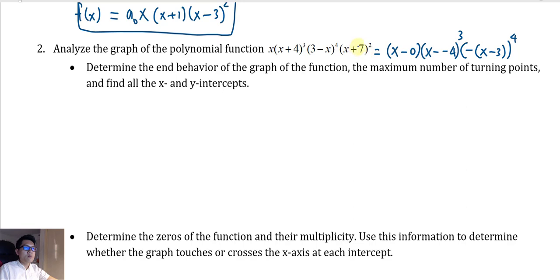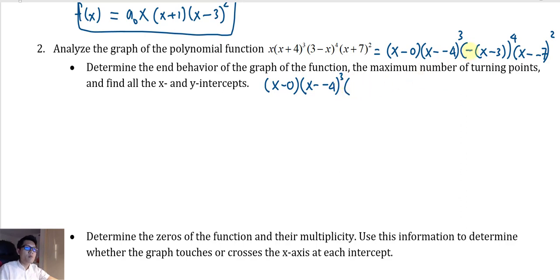And then the last one, I need to make this 3 minus, so x minus of -7 to the second power. Now let's clean this again one more time. X subtract 0, this is the function, x minus 4 to the third power. Now because this is the -1 to the fourth power, -1 to an even power will become +1 again.